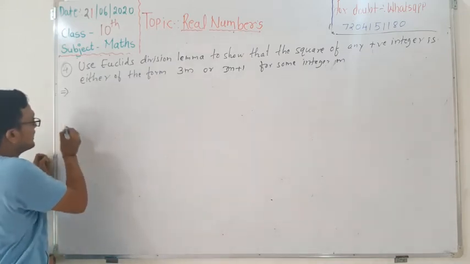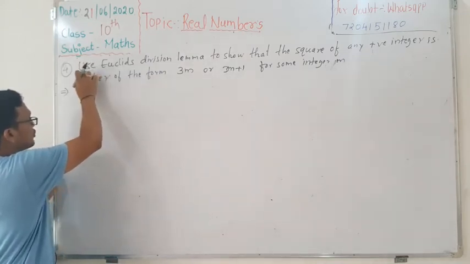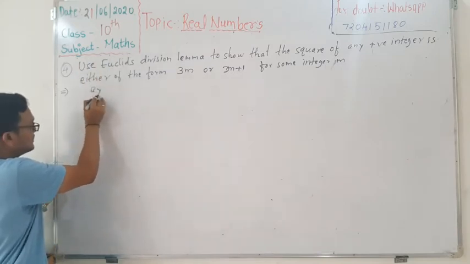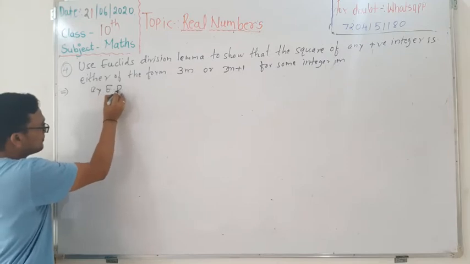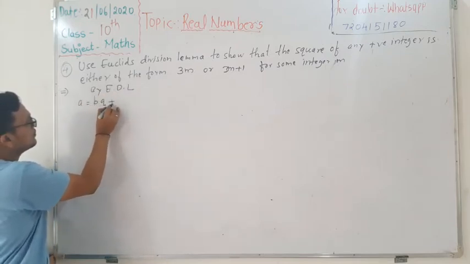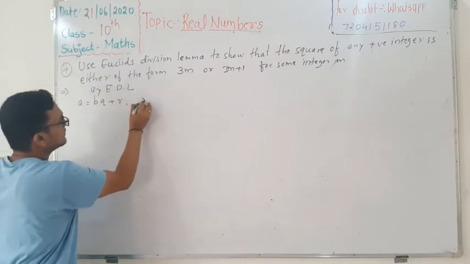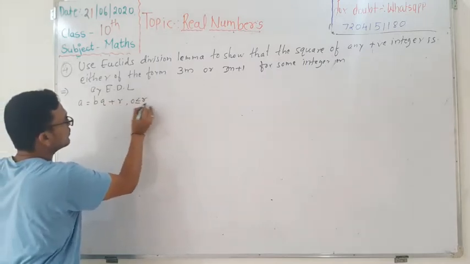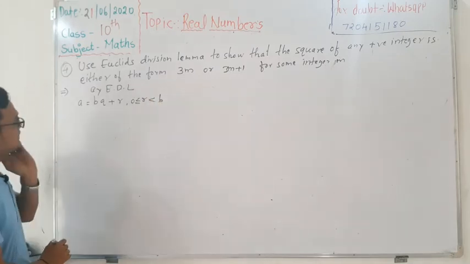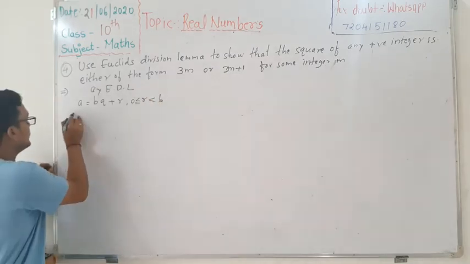As clearly given in the question, using Euclid's division lemma, I will make use of the Euclid division lemma, that is a equals bq plus r, where r is greater than or equal to 0 and less than b.